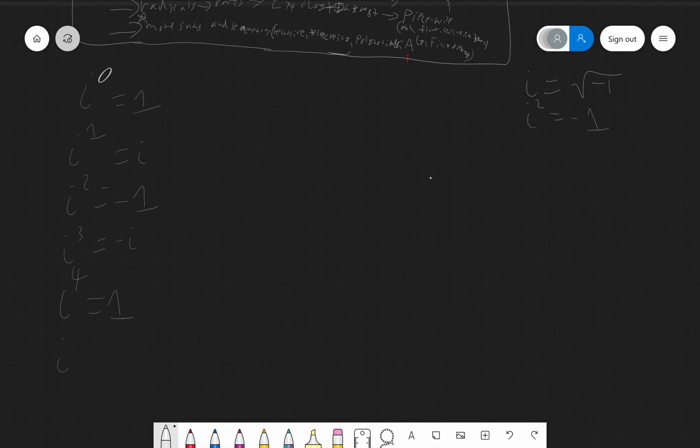That means that i to the 5th is i to the 4th times i, which is i. And then we notice now it's going to repeat. And then that means it'll repeat in the opposite direction too. So i to the -1st is -i. i to the -2nd is -1. i to the -3rd is i.